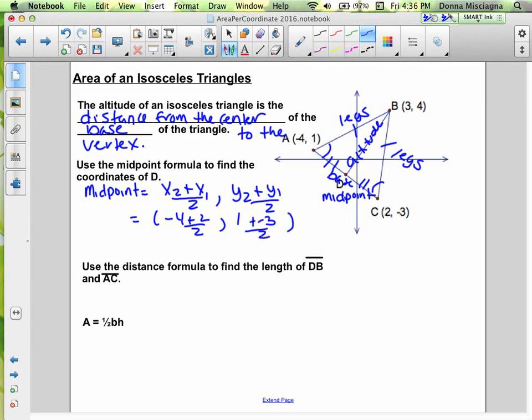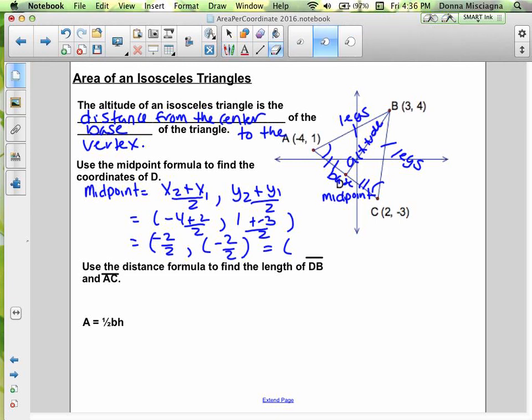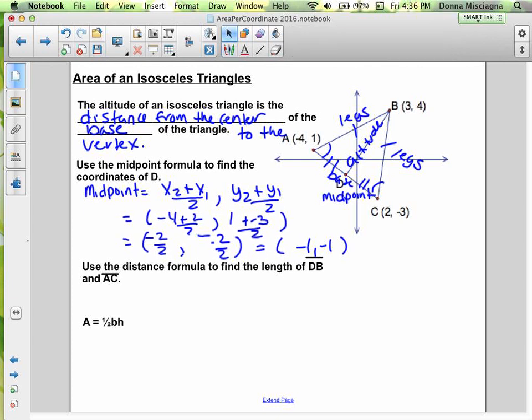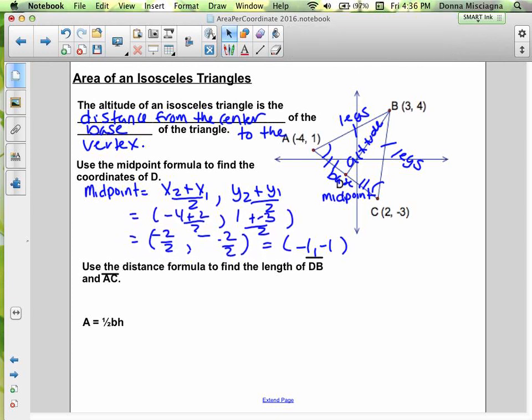All right, so that gives us negative 2 divided by 2, and negative 2 divided by 2, which means that point is, oops, I have an extra parentheses in here for no apparent reason. There we go, good enough. That point therefore is negative 1, negative 1. That's our midpoint.